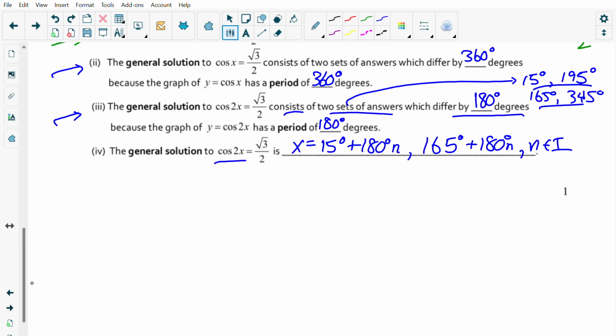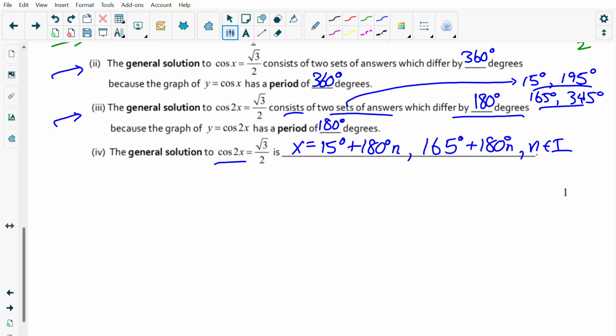Okay, one other way, this will kind of foretell what we do later when we use the double angle identity to solve trigonometric equations, but let me show you this little tidbit here. So if I go cosine of 2x equals square root of 3 over 2. Well, let's solve this for 2x.